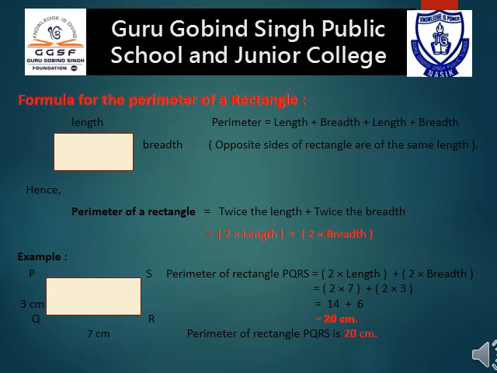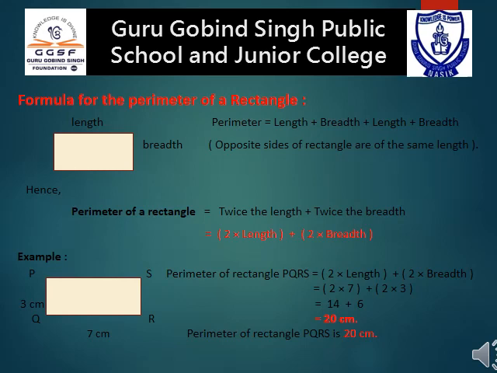Now here I have given one example. A rectangle of length 7 centimeter is given, whose breadth is 3 centimeter. As we know that opposite sides of the rectangle are equal, so perimeter of rectangle PQRS is equal to 2 multiplied by length plus 2 multiplied by breadth, is equal to 2 multiplied by 7 plus 2 multiplied by 3.